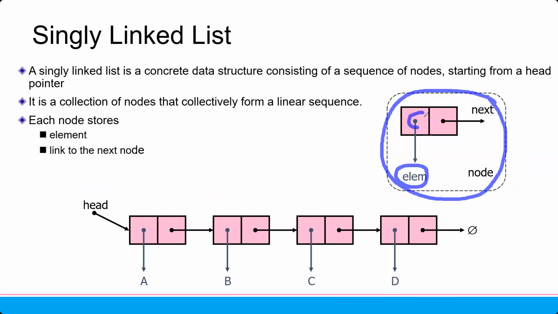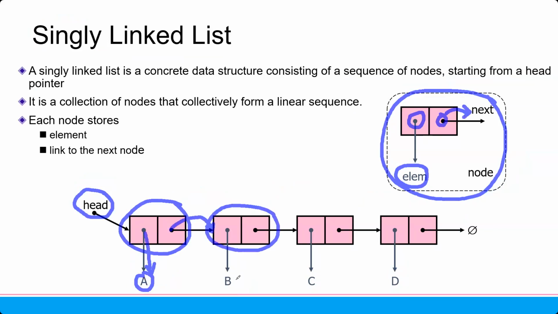So the first is the element, and the other is the connection to the next element. If you look at this one, we know that this is the first position. Because it is the first position, we put head. This is an element A, and this node is connected to the node with element B, which is connected to another node.